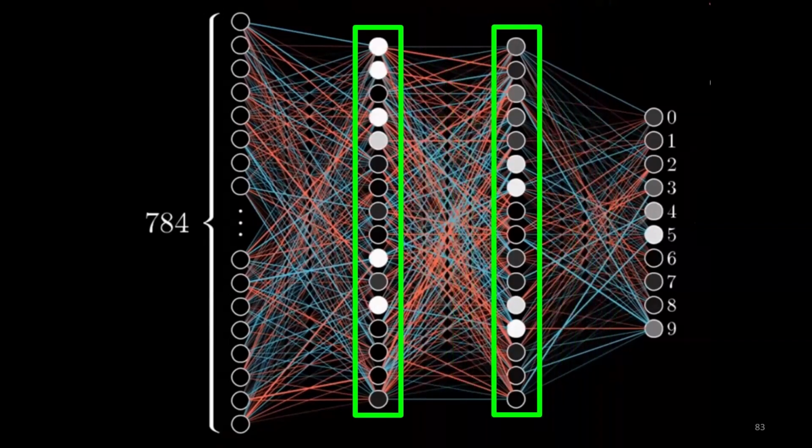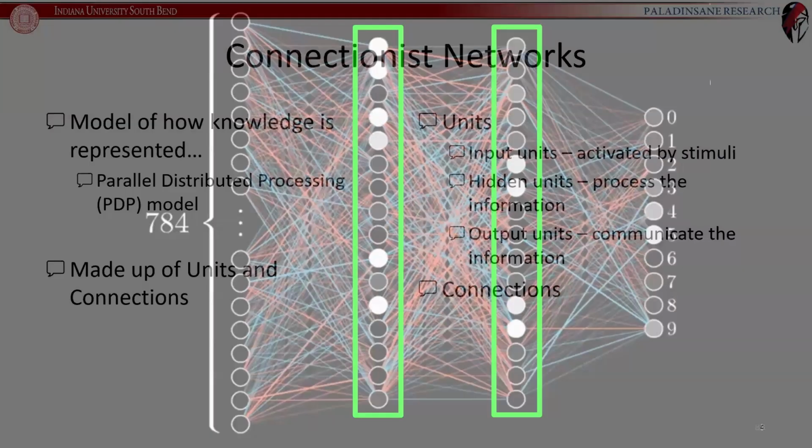That's a second layer of hidden units. These are the ones where the processing of the information occurs. These are the units where the cognition in this system actually occurs. So we have these hidden units between the input and the output units. They do the work of processing the information.